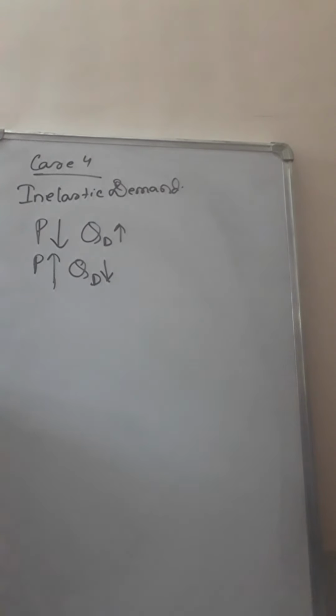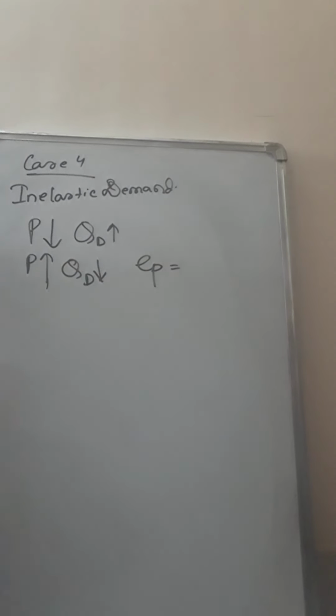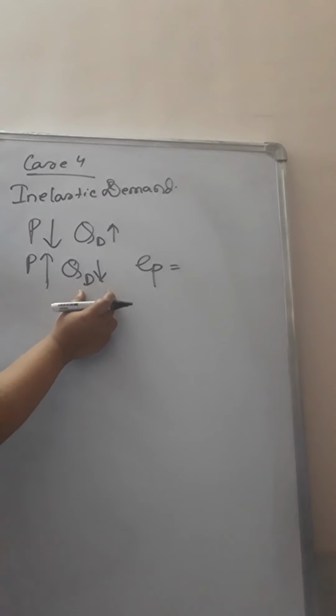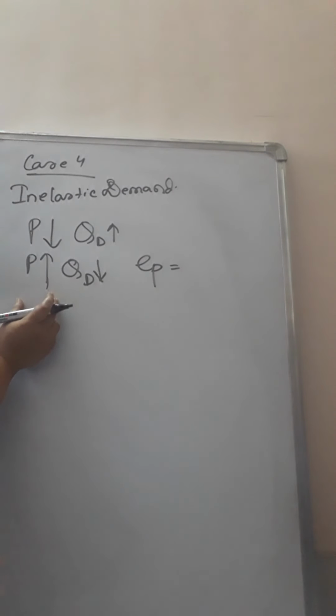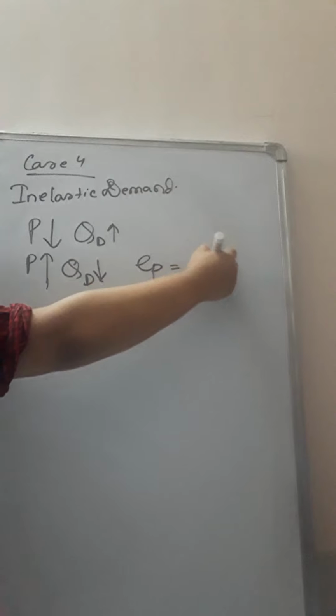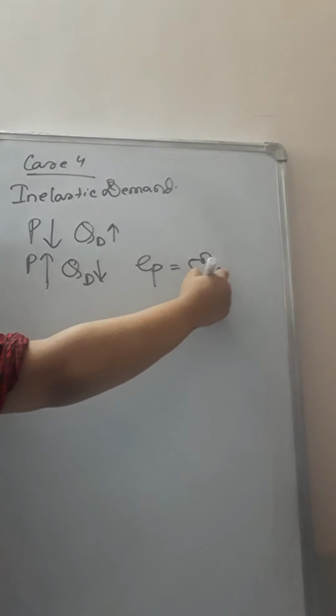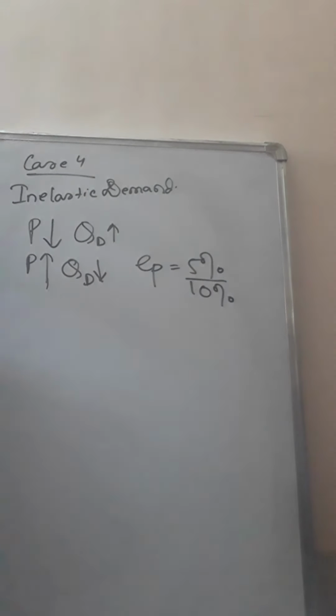How to calculate the elasticity? Percentage change in quantity demanded by percentage change in price. The formula remains the same for all the cases. But here the percentage change in demand is less. So let us take that there has been a 5% change in demand compared to a 10% change in price. Price has changed much more than the demand.